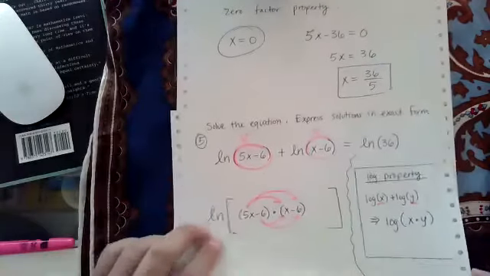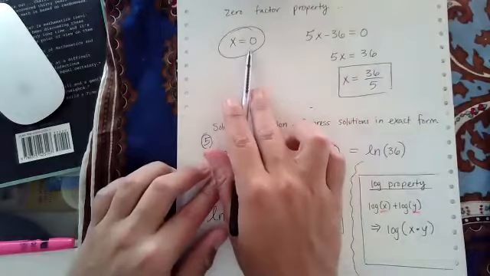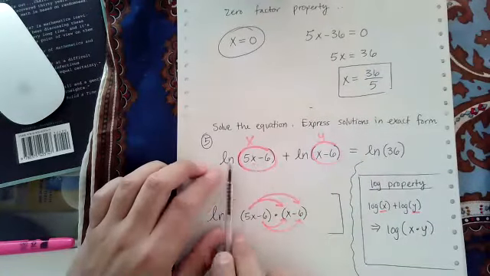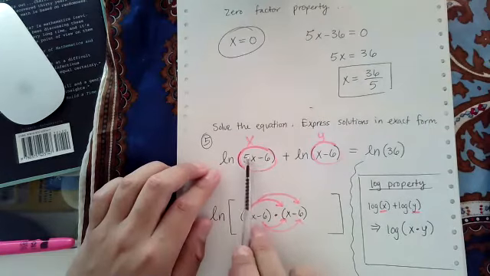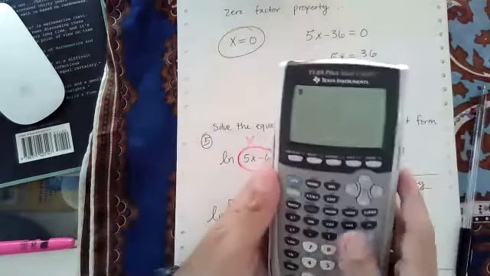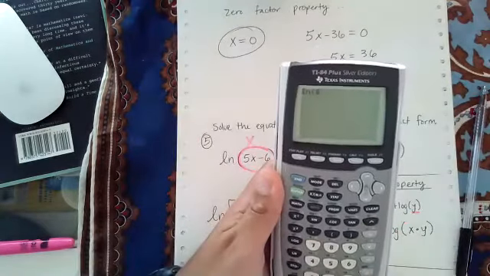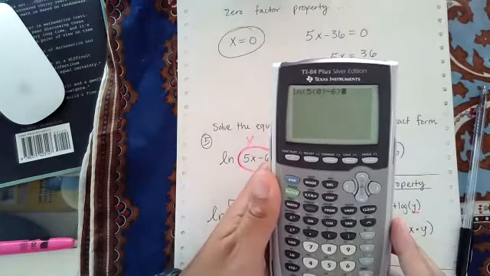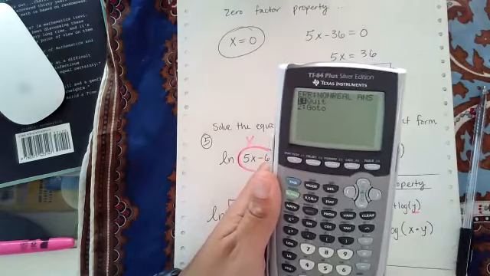So for instance, if we plugged 0 in for x here and tried to evaluate the natural log of 5 times 0 minus 6, non-real answer.